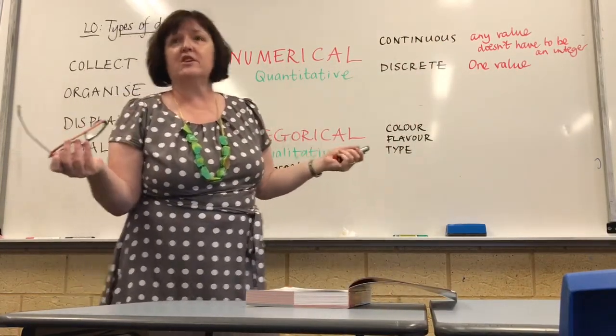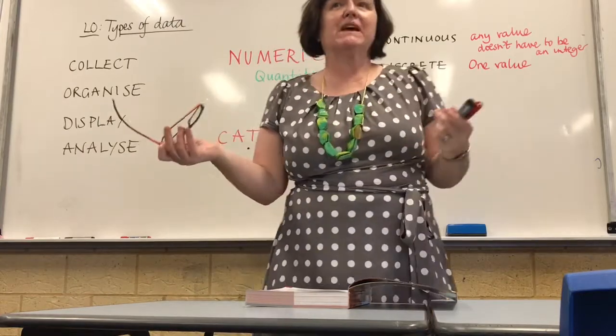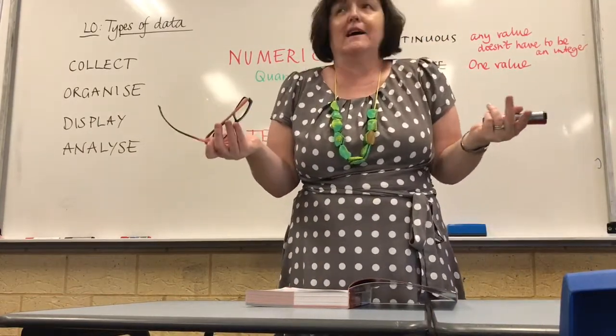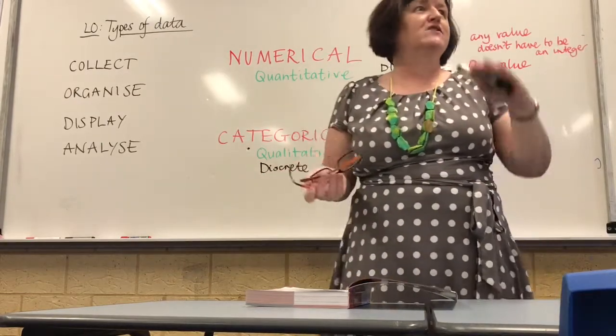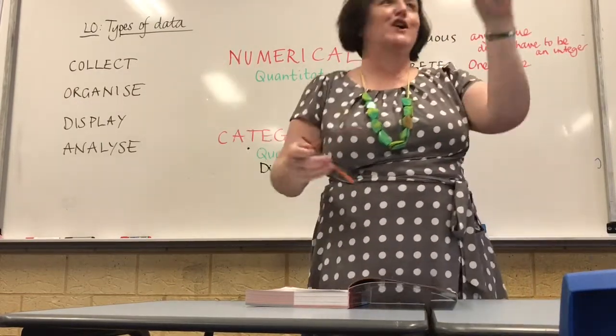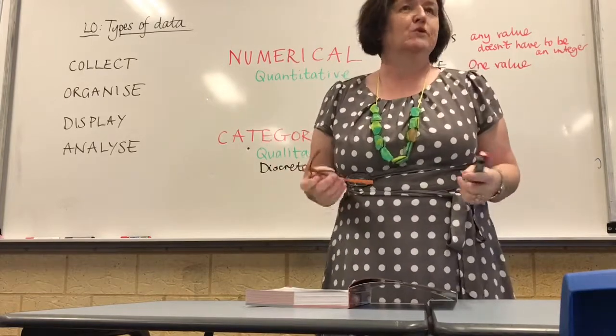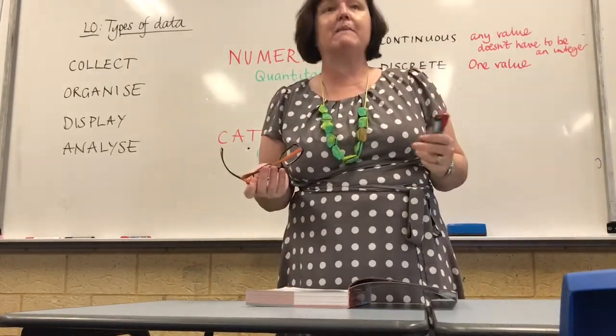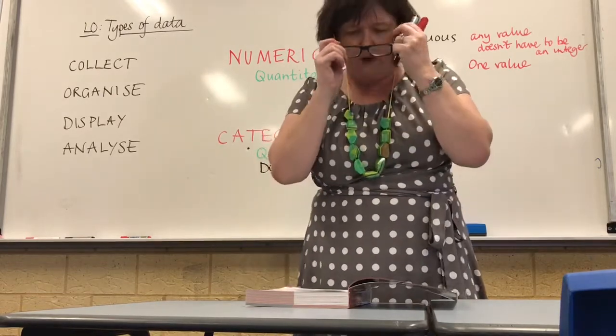Numerical. Numerical discrete, that's right. Because you can't have 1.5 children in a family, can you? It just doesn't happen. And I know we could go down step parents, half brothers, half sisters, but let's just keep it simple, okay? So number of children in a family is numerical discrete, okay?